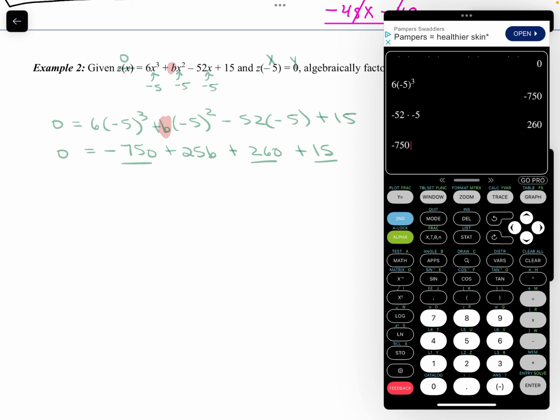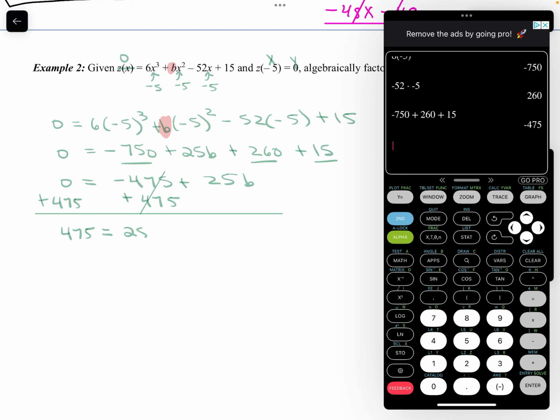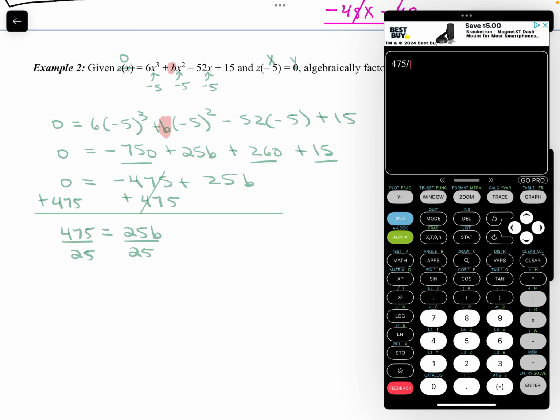Negative 750 plus 260 plus 15. Get negative 475. So 0 equals negative 475 plus 25b. So I'm going to move the negative 475 to the other side, and we get 475 equals 25b. We divide by 25. So let's see, what would that give me? 475 divided by 25, 19.